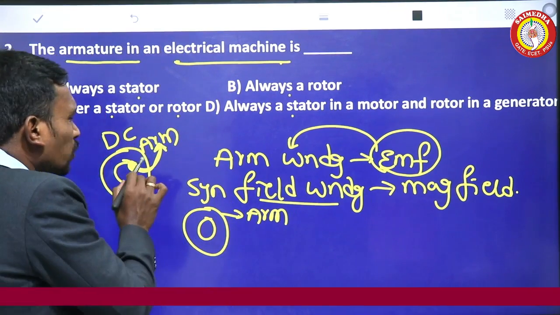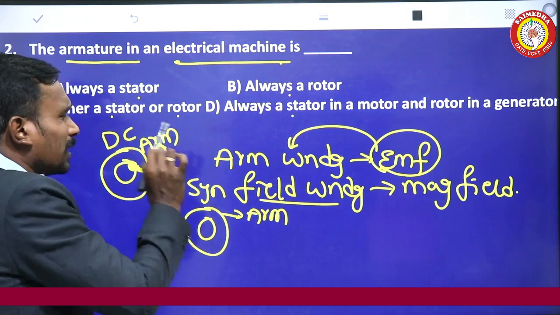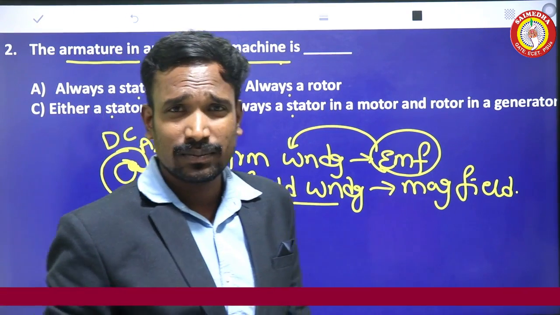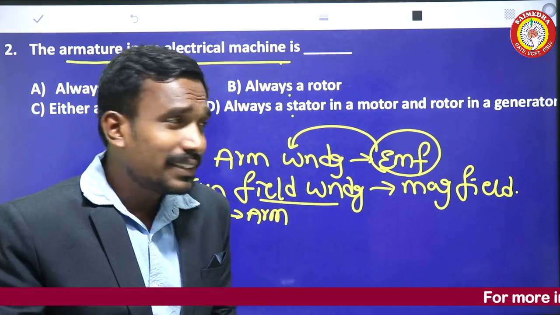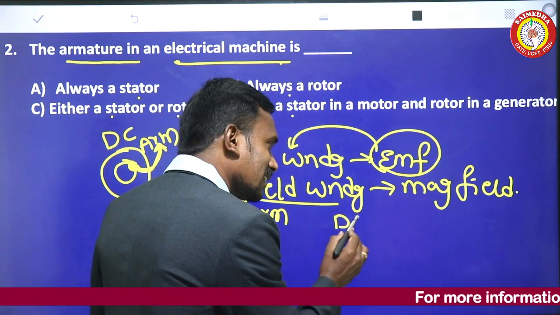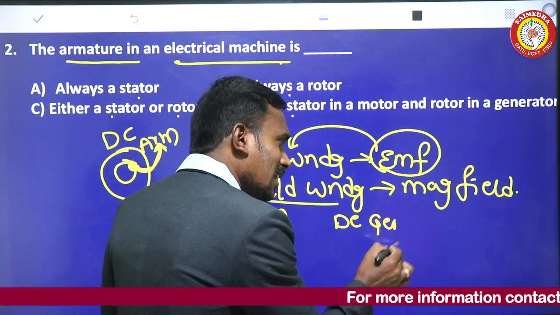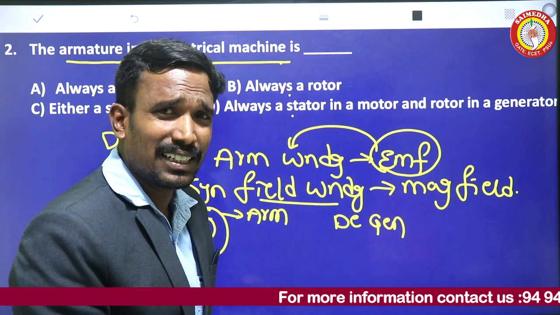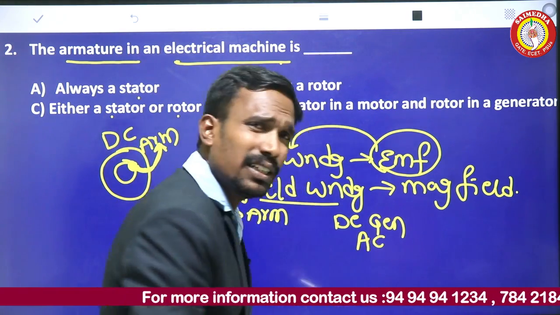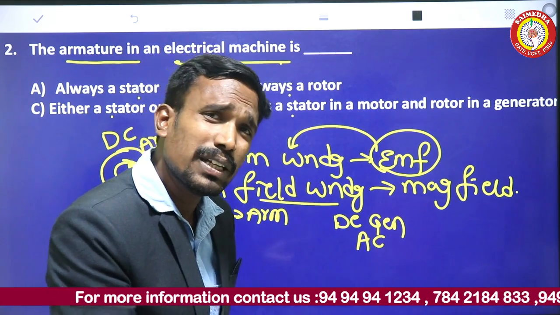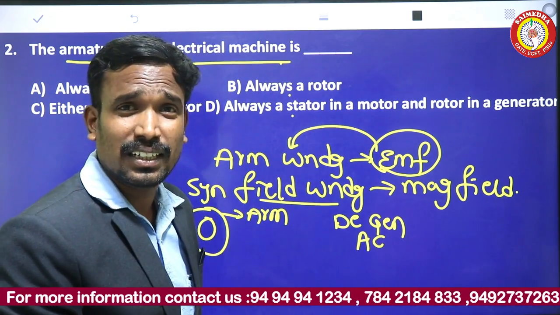Sir, why is the rotating armature preferable only in a DC machine? For example, take a DC generator. Whatever the generator, the EMF it produces is AC, whether it is an AC generator or a DC generator.